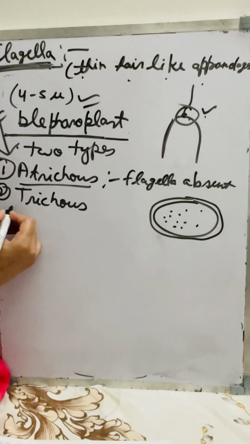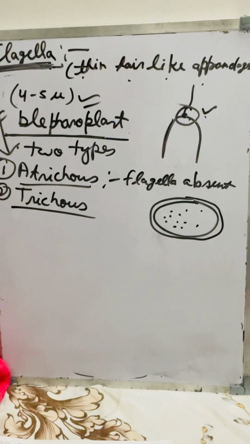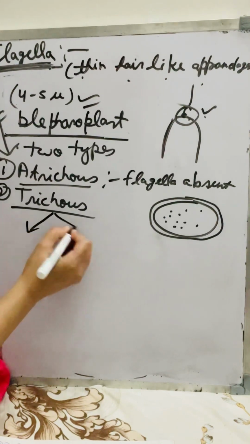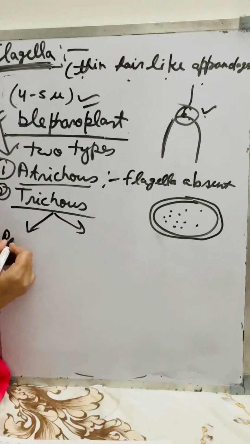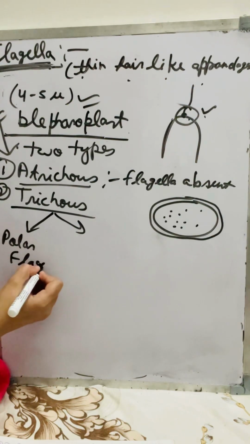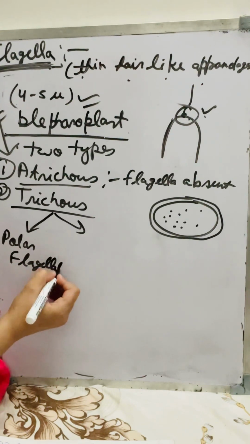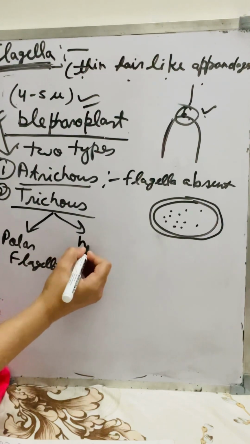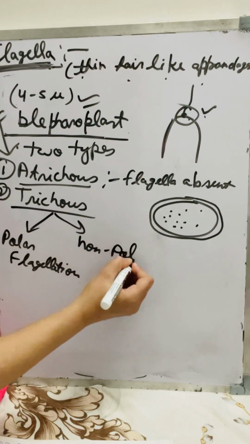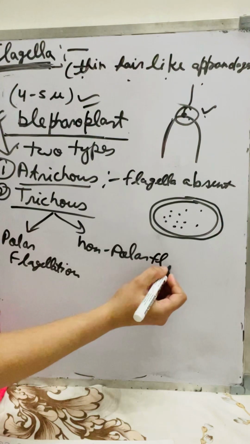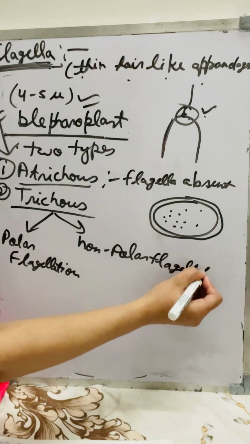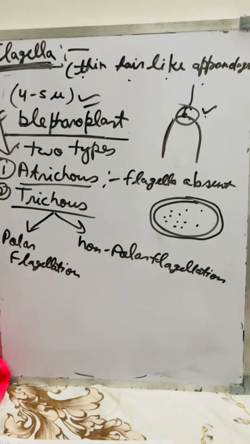On the basis of flagellum, trichous bacteria are of two further types. The first one is polar flagellation and the second is non-polar flagellation.